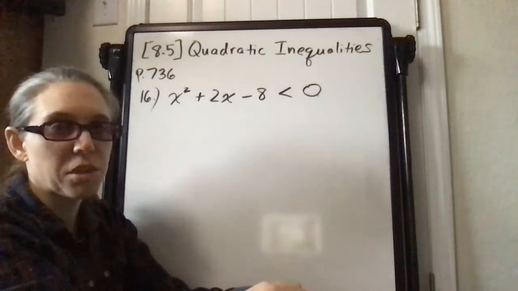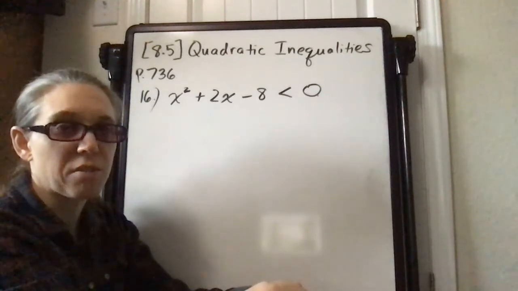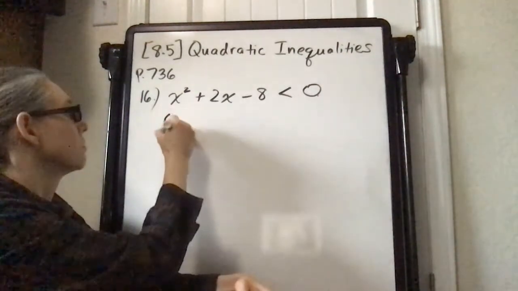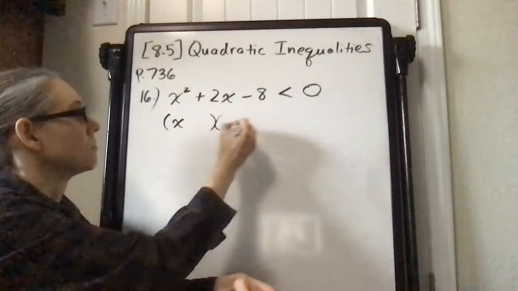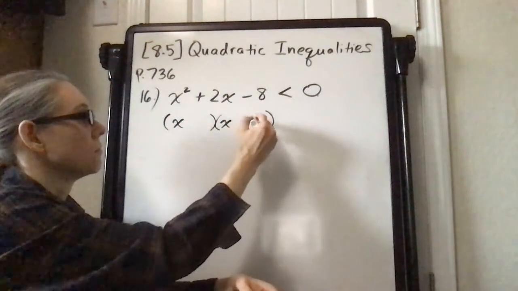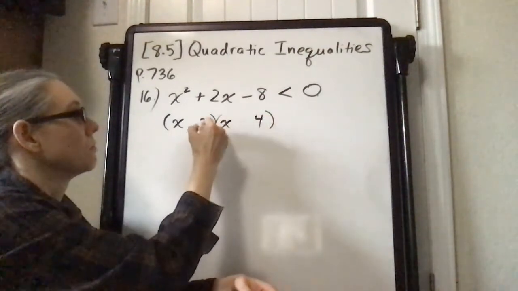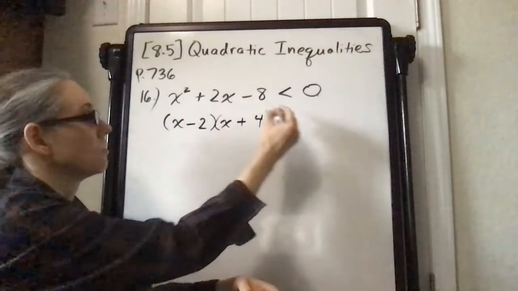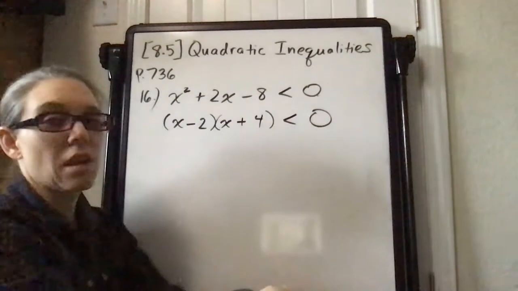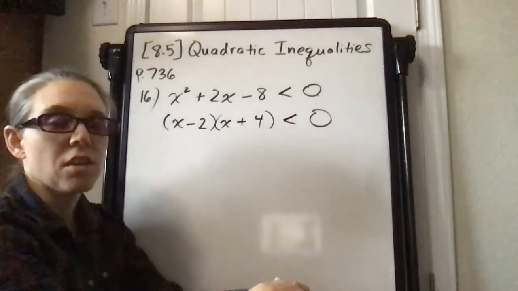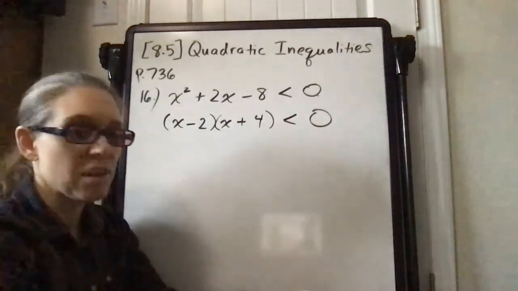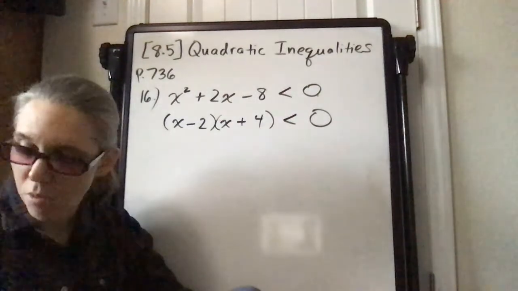So it's quite simple. What you're going to do is you're going to start off by factoring. And then once you factor, you're going to consider, if this were an equation, how would I solve it?